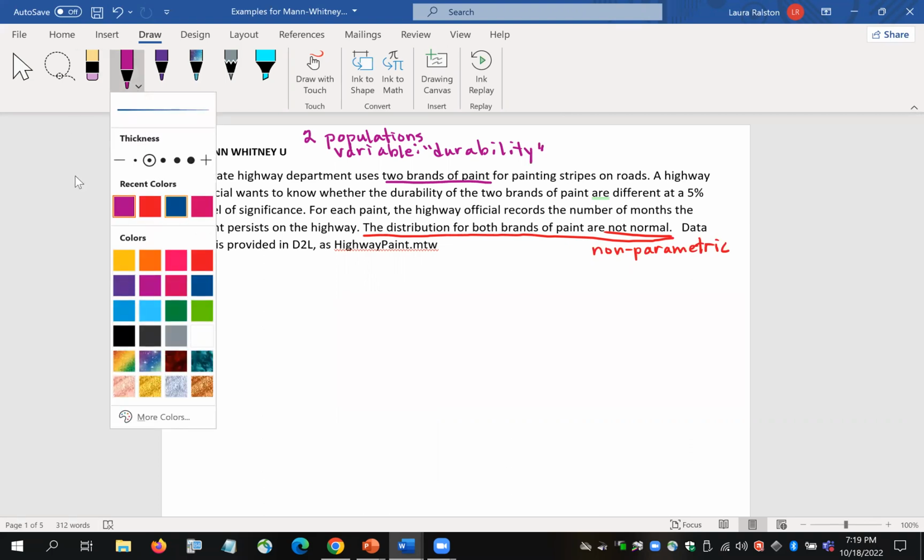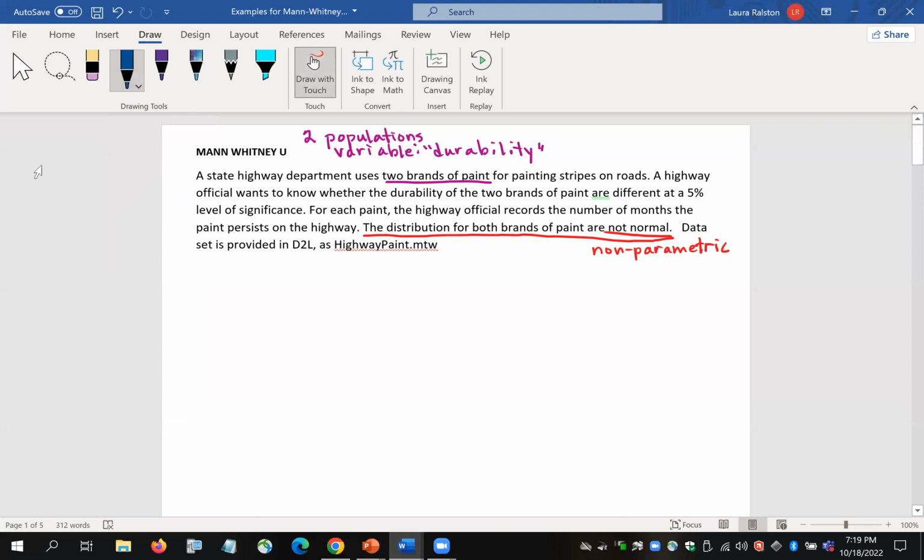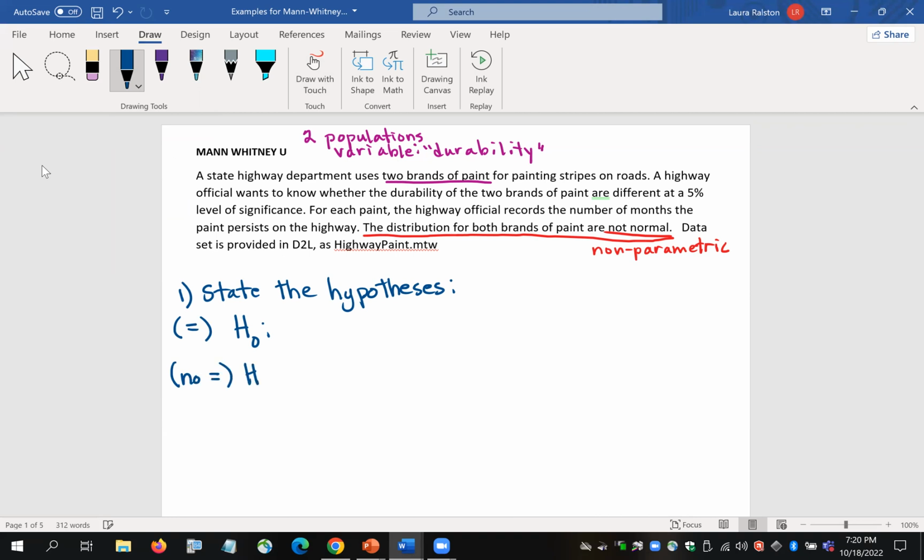Okay, so as is the case for any hypothesis test, we have to state the hypotheses. It is still true, even with the non-parametric test, that the null will contain equal and the alternative will contain not equal.